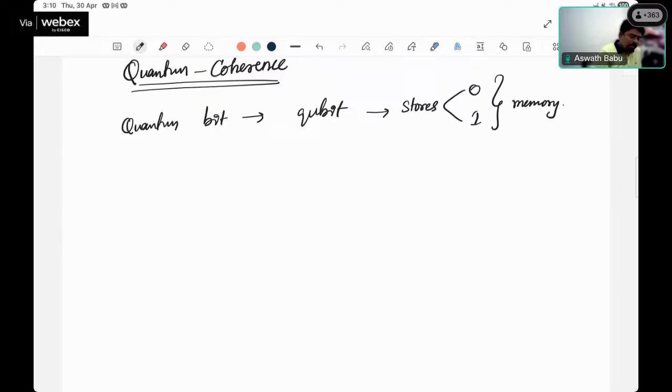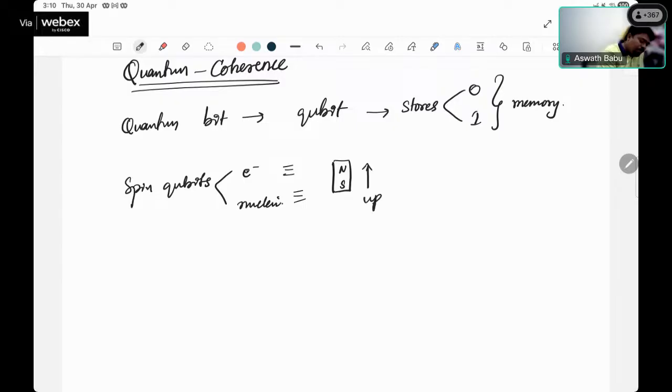For example, if I realize such memory using spin qubits, spin qubits means electrons or nuclei. These are known to have their own magnetic moment, just like small bar magnets. Those bar magnets can be aligned north upwards, south downwards, or the other way. When it is upwards, it is called upspin, and when it is downwards, it's called downspin.